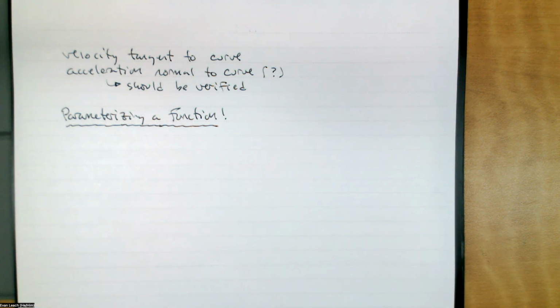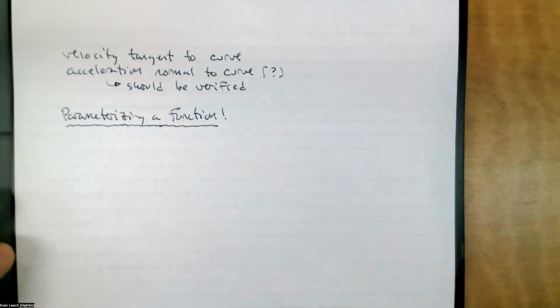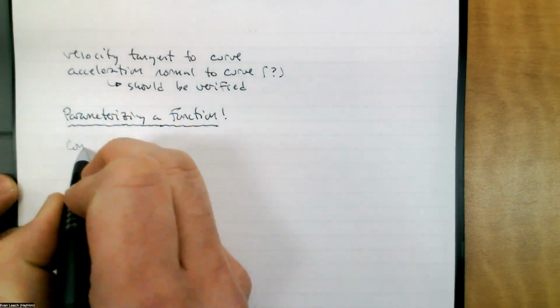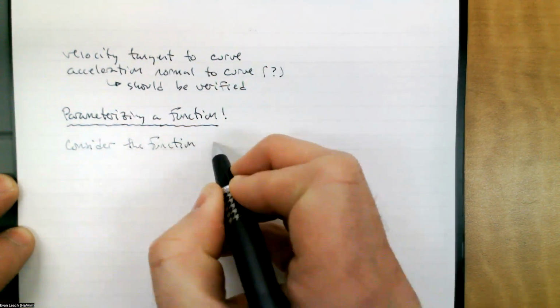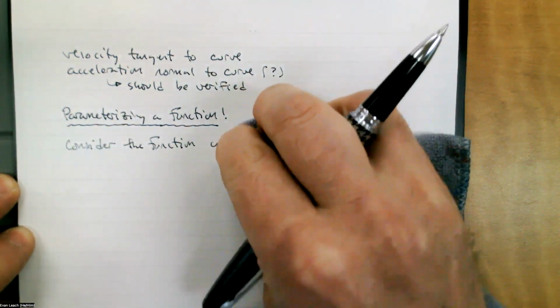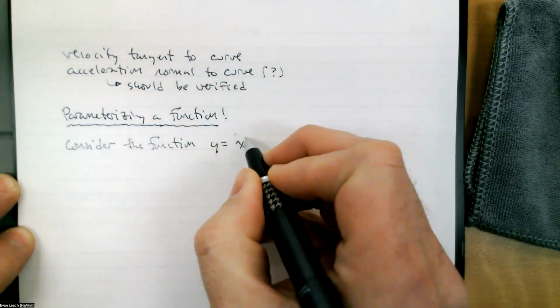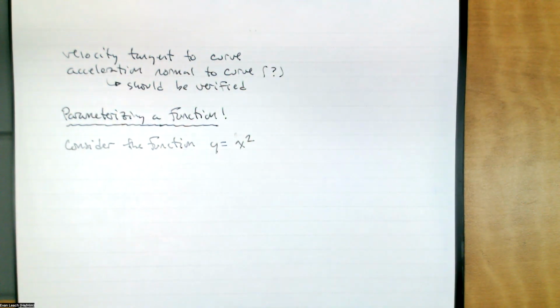Let's parameterize a function. If you have a function, we want to make sure that this is backwards compatible with what we understand about parameterization. We don't want to have some separate thing where we can't put the two together. We should be able to describe a function like we have here with parameterization.